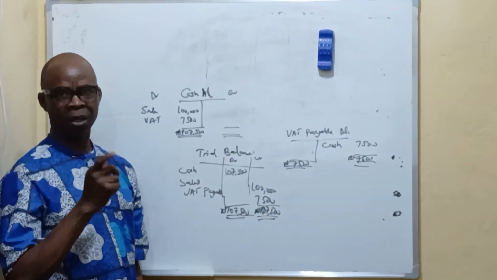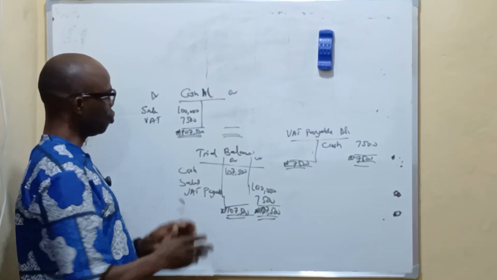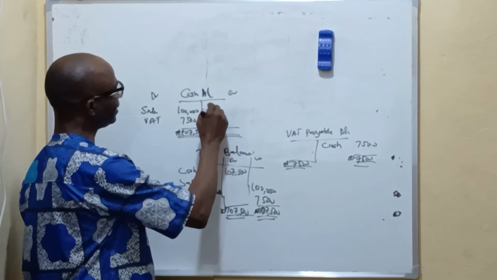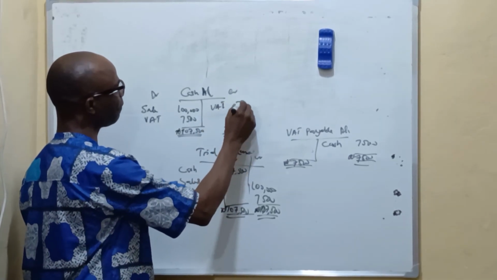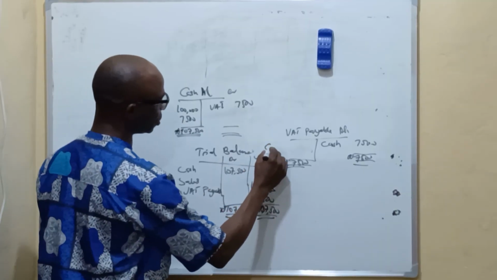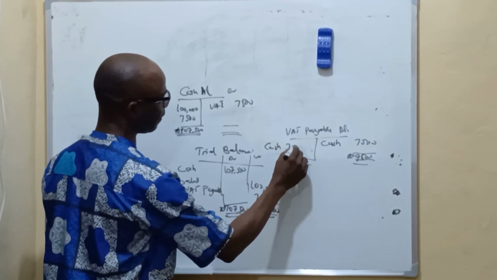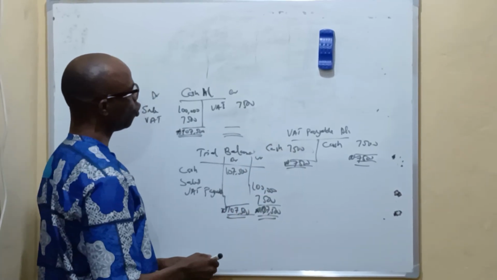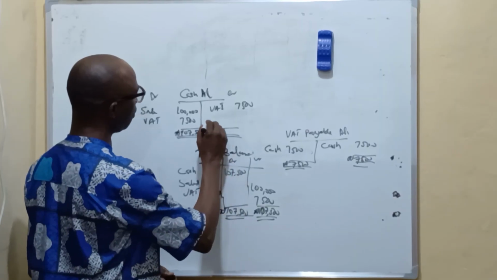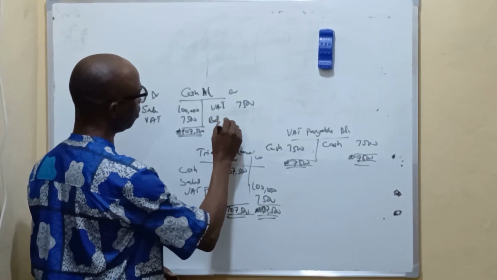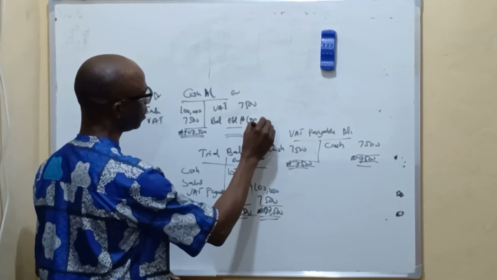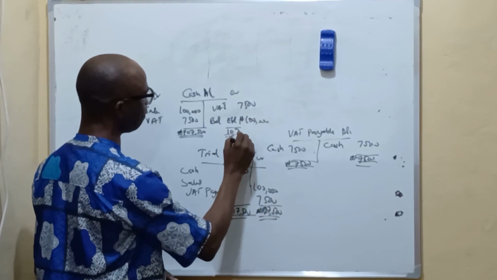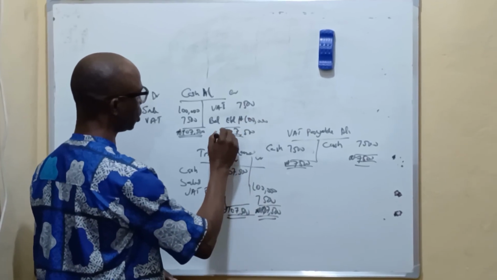The first is that you are going to credit cash and debit VAT here, 7,500. If you do that, you see that your balance carried down becomes 100,000. Nothing else changes.